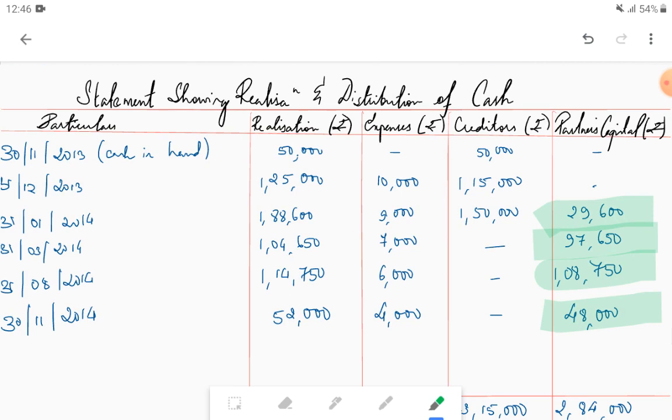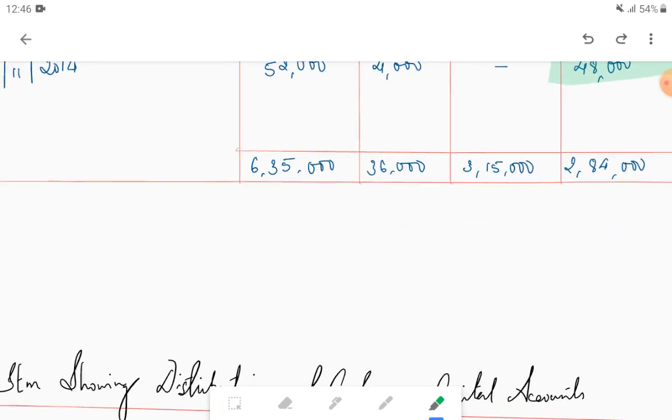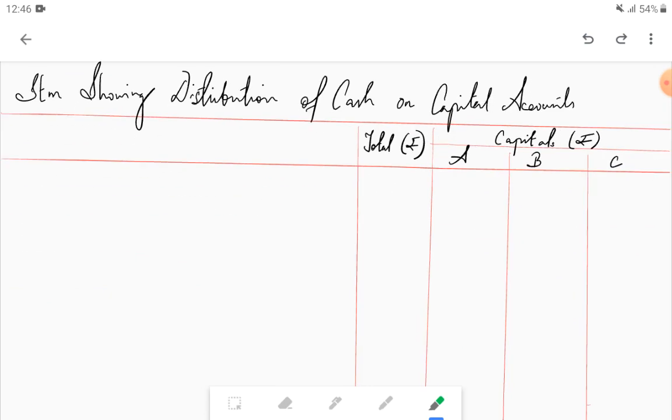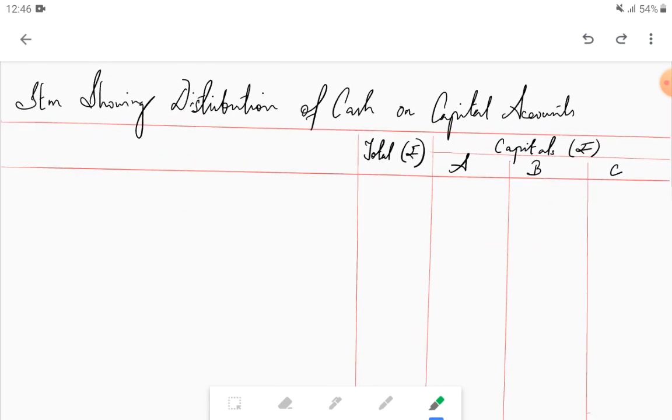So these amounts here, expenses and creditors, we are no longer going to take into consideration. Now let's start with this statement showing distribution of cash on capital accounts.